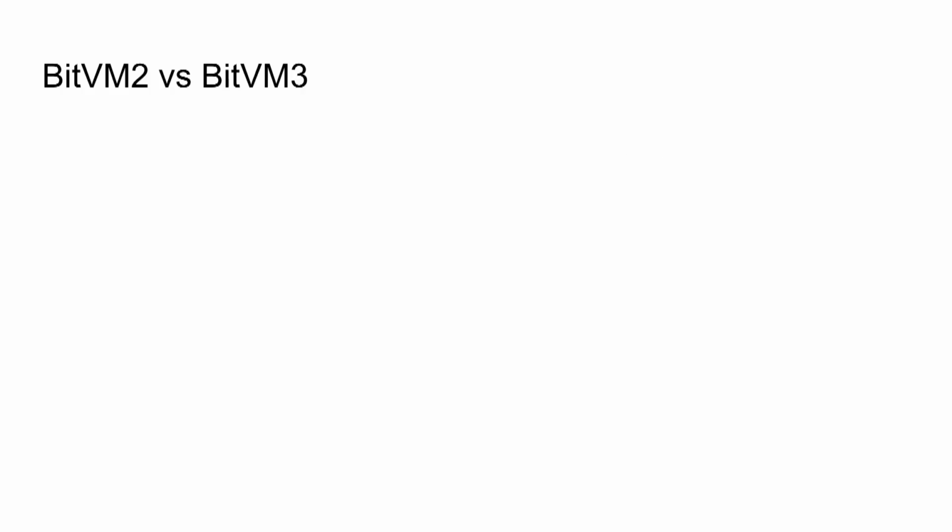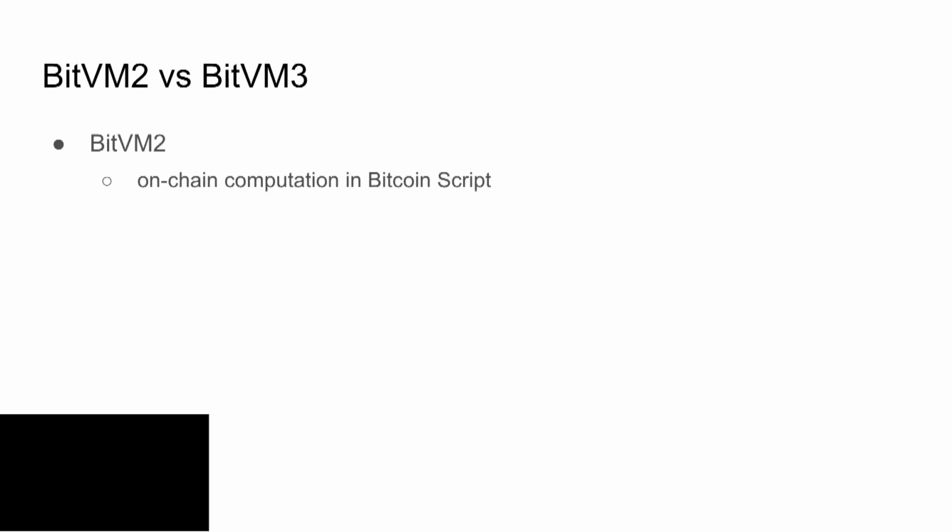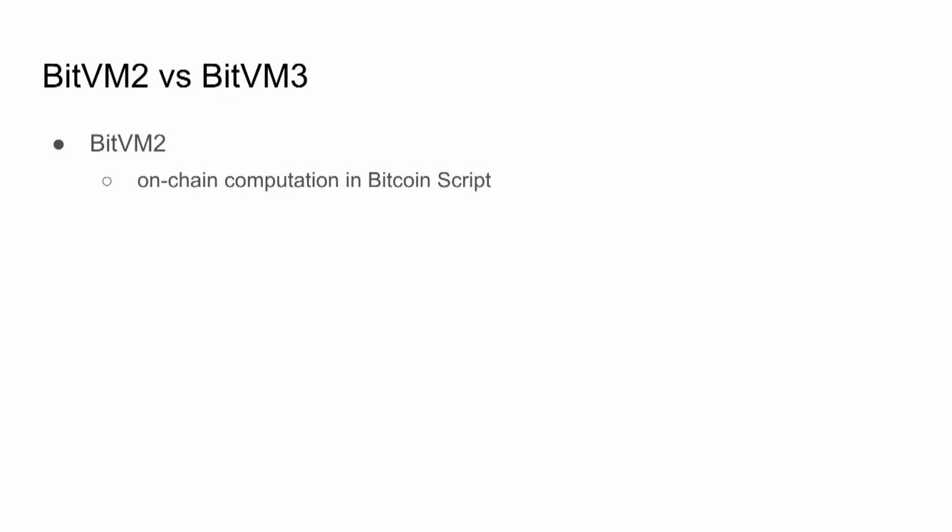The rough difference between BitVM2 and BitVM3 was in BitVM2, we did it with on-chain computation. We basically chunked up the script in a way that allowed us to disprove an incorrect execution of a snark succinctly enough to somehow fit it into the blockchain. However, that was very expensive.